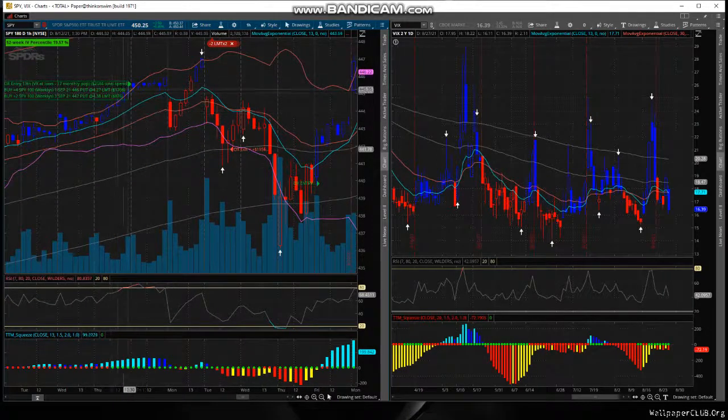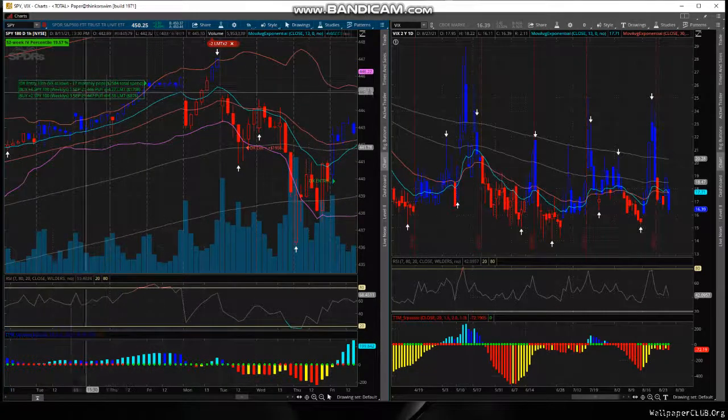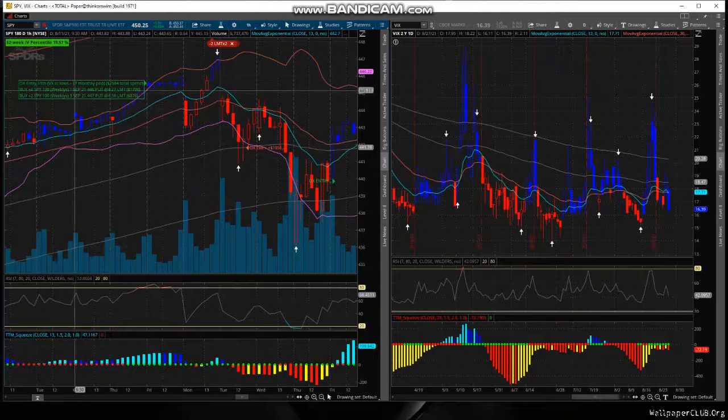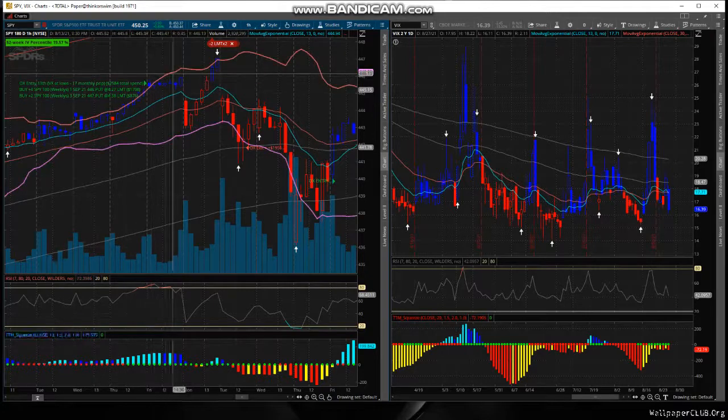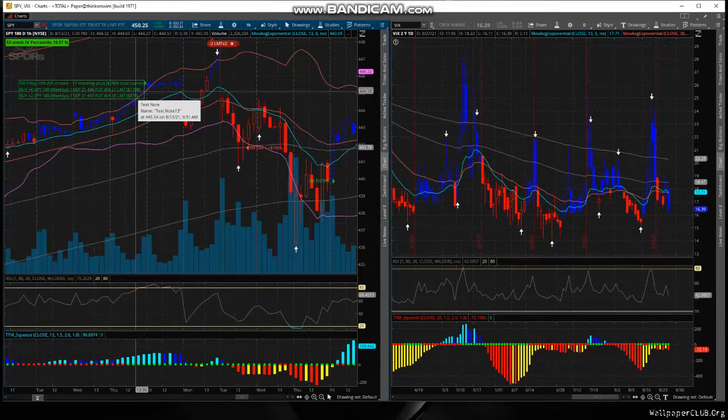Actually, this is Friday morning, that's when I entered. I bought 4 puts at the money, basically. So there's 446. They were just in the money, which means they were just higher than the share price. I bought 4 of those at 427, so $1,700.